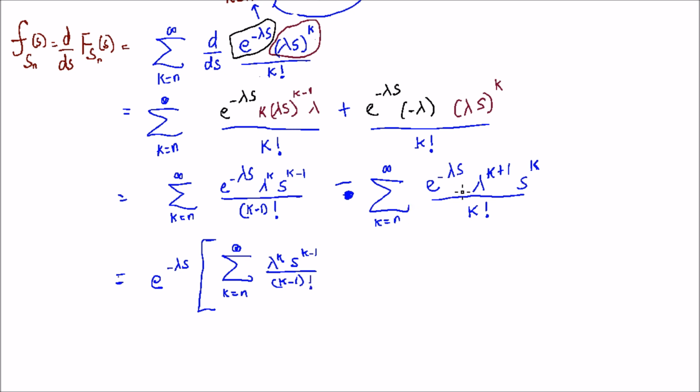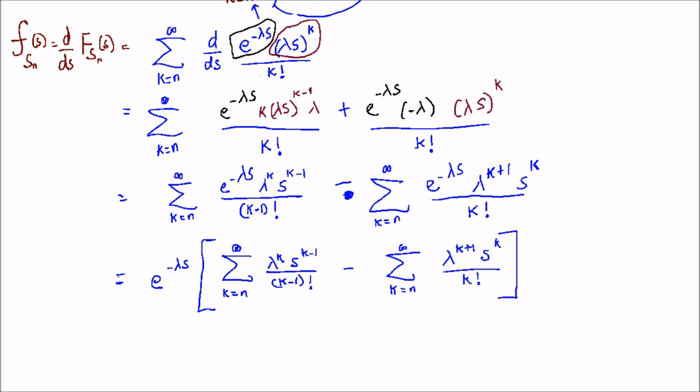And since we have taken e to the negative lambda s as a common multiplier, we have minus the sum k equals n to infinity of lambda to the power of k plus 1 s to the power of k divided by k factorial.